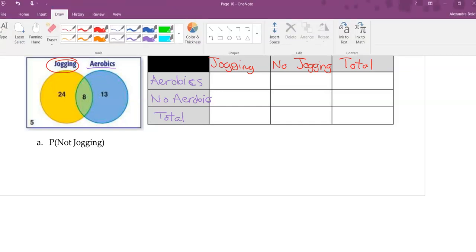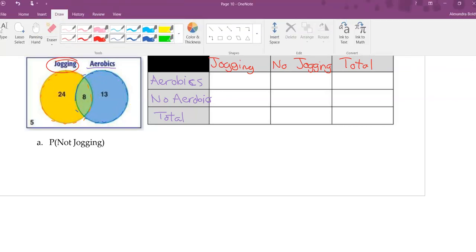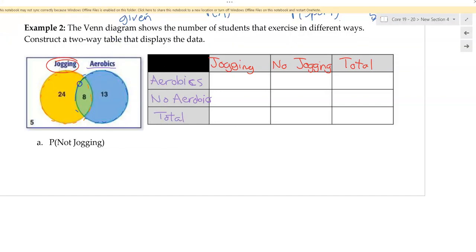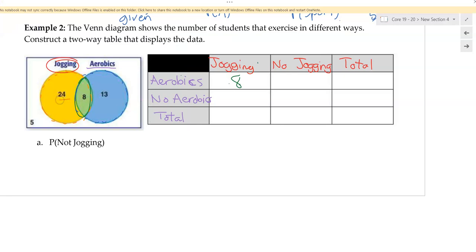Okay. So again, we have our jogging circle and our aerobics circle. And again, this little green section here is in both of the circles. It's in my jogging circle and my aerobic circle. So where those meet is 8. This 24 is only in the jogging circle. It's not at all within this aerobic circle.